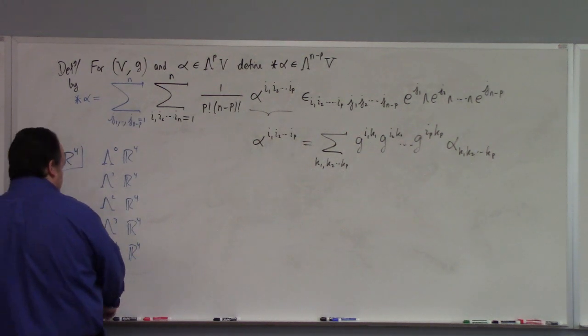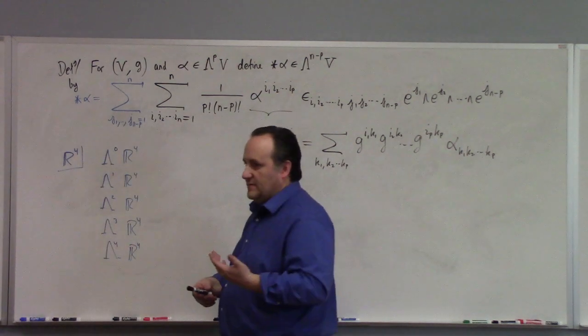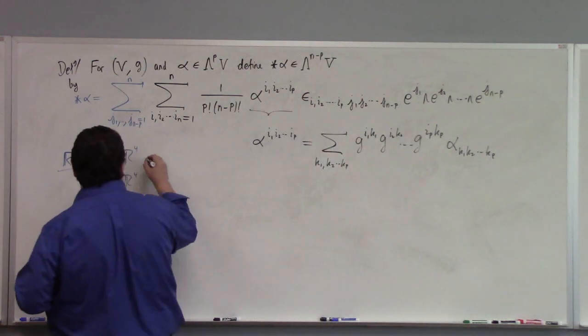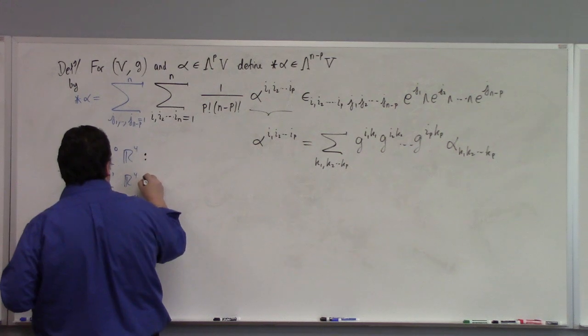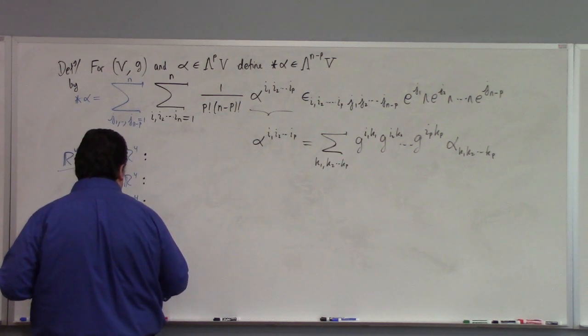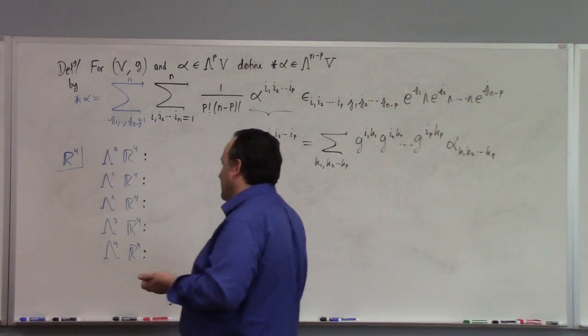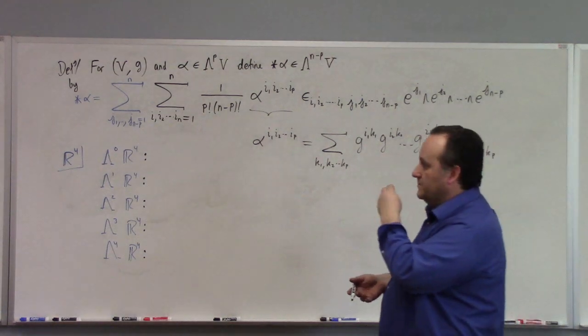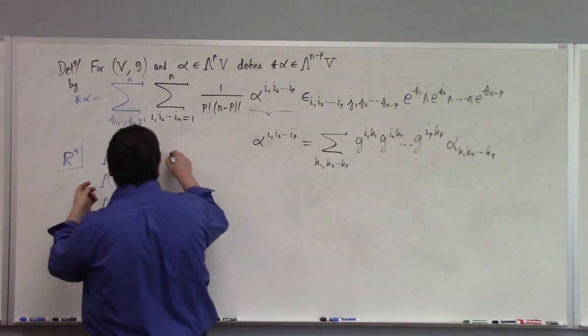Let me tell you the basis elements for each of these spaces. What's an arbitrary 0-form, 1-form, 2-form, 3-form? What does an arbitrary 4-form look like on R4? You just have one.